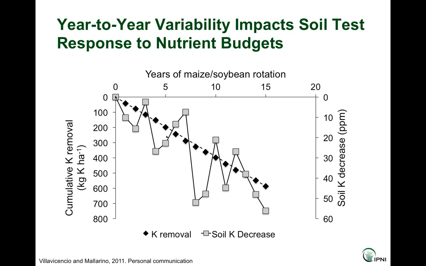Well, farmers don't sample soils every year, they sample soils every 3 or 4 years, and you can see that if we had started out advising a farmer here and came back and sampled the soil 3 years later and had sampled this point, we would find that the soil test K level had changed very little, even though we expected it to change much more.